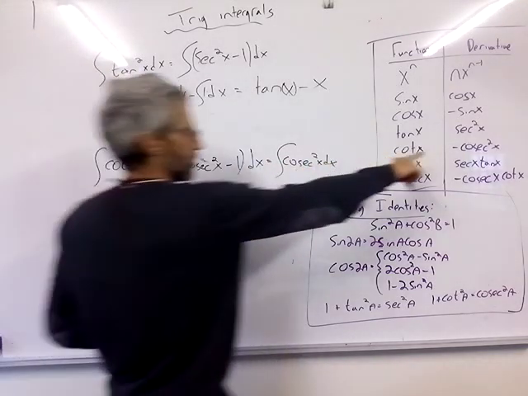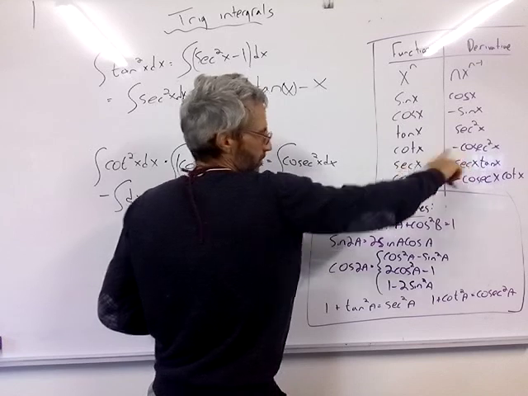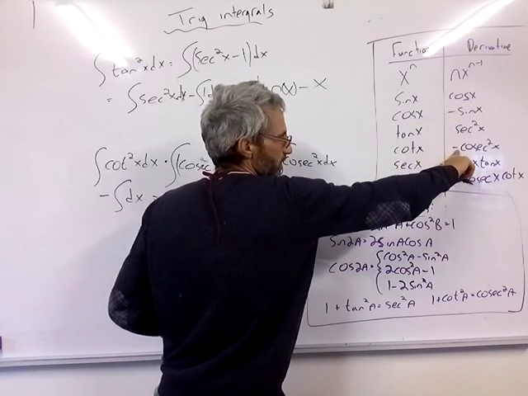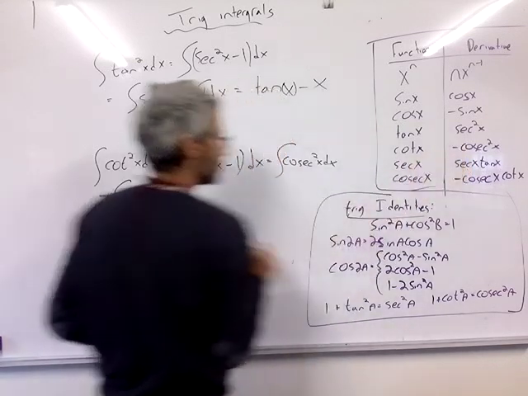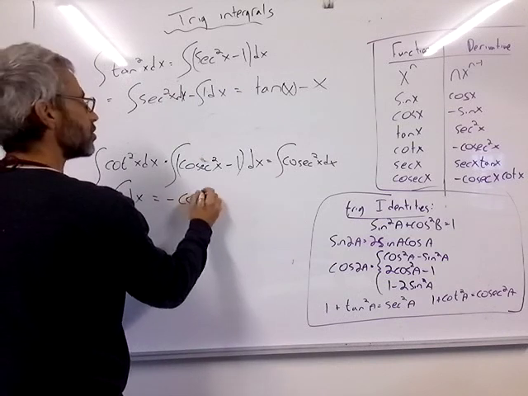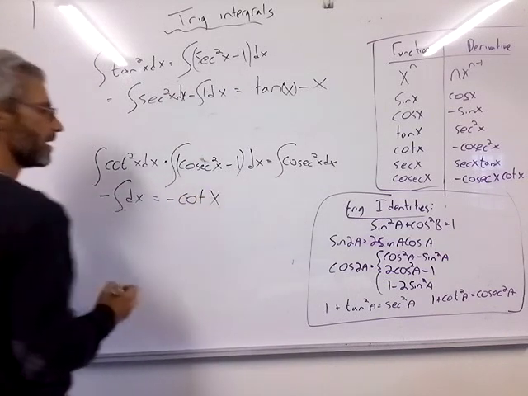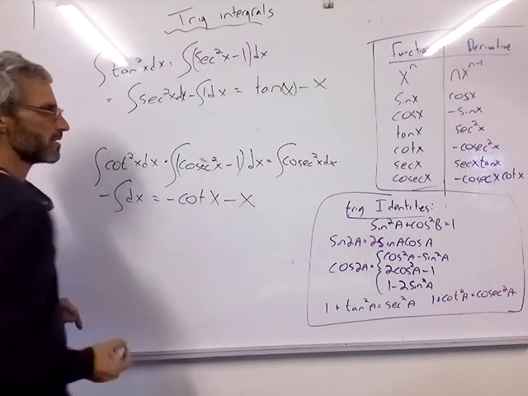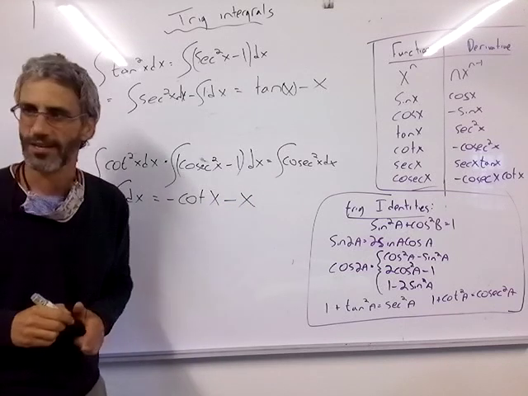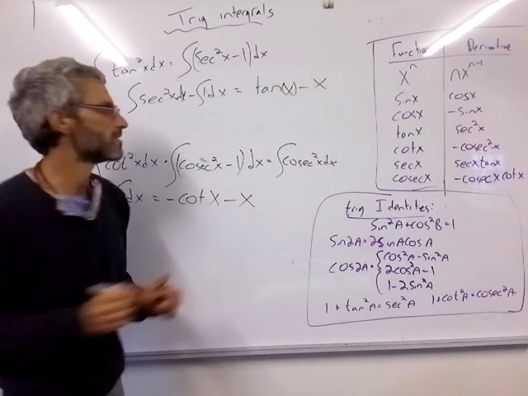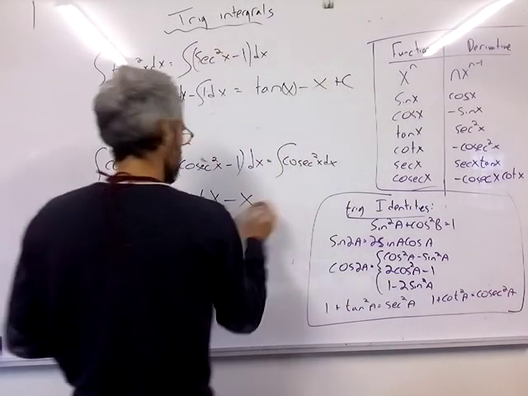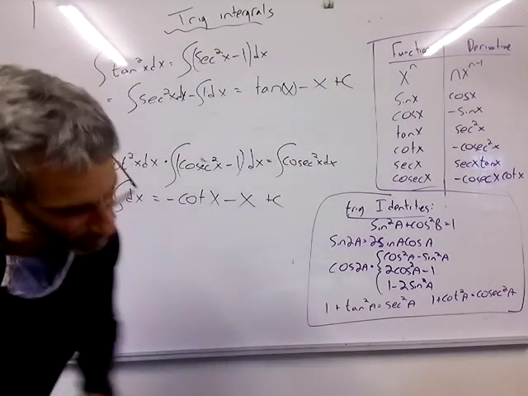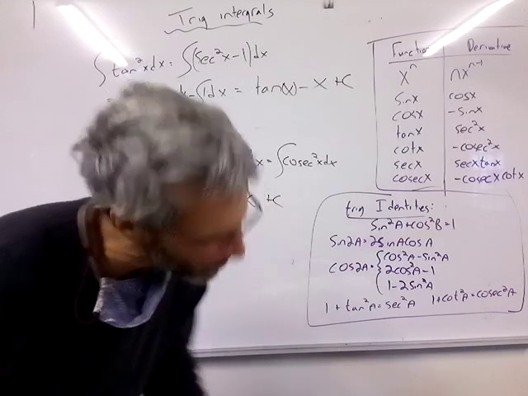Minus cot, yes, because the integral of minus cosec squared is cot, so the integral of cosec squared is minus cot x, and then I still have minus x. One thing I forgot in both these cases, and you can remind me, is the c. We must always add a c. Let's quickly check that I've got the right answer here, and it seems to be fine.